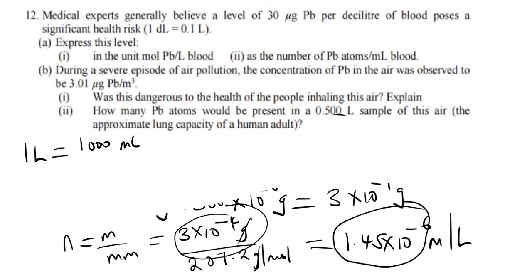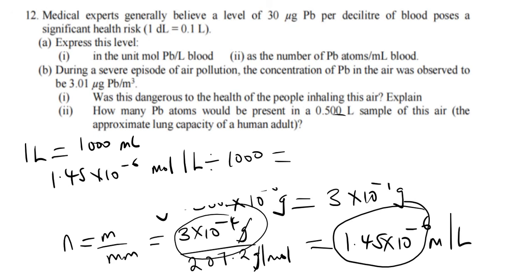So we got 1.45, which was just from finding moles per liter. For us to convert this liter to the ml that they want, we're supposed to divide by 1,000 ml.